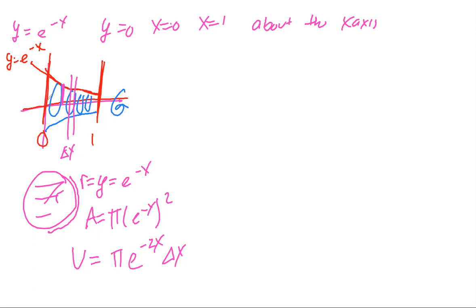Now, in the limit, we're taking the integral from 0 to 1. It's going to be our area, or really our volume, but that delta x turns into a dx. So we have pi, which we'll put on the outside, e to the negative 2x, so that was our radius squared, dx.